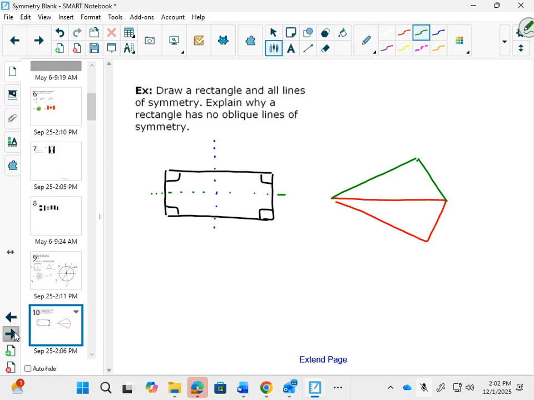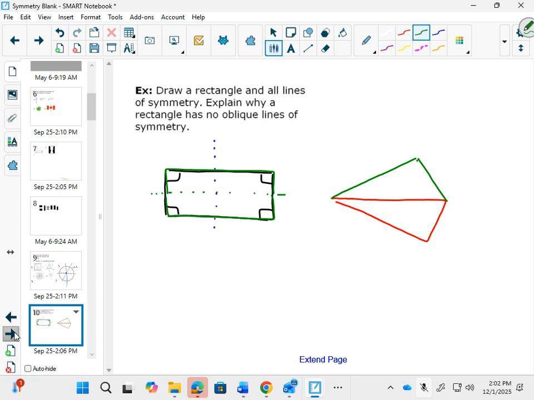So if you take half of it and flip it, the only way it's a line of symmetry is if you flip it and you get the other shape back again. I take this bottom part here in green, flip it up, and sure enough, it matches up perfectly with the top part. That's what makes it a line of symmetry.